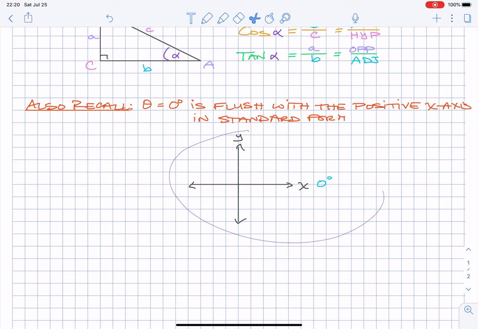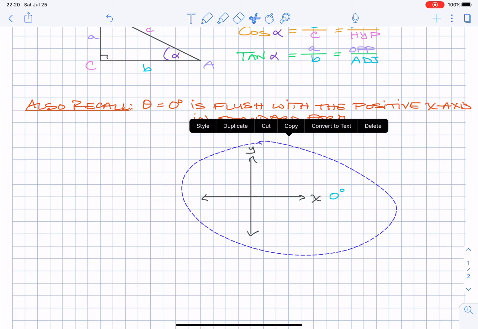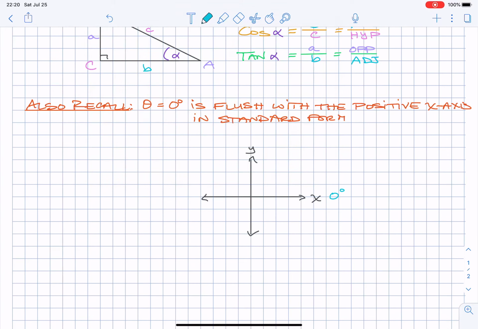Actually, I'll still need to move this down a bit. Down 1, like so. Okay, so if I go to here, 1 quadrant, this would be 90 degrees because that's a right angle. Now if I went 2 quadrants, this is a straight angle, and we know straight angles measure 180 degrees.